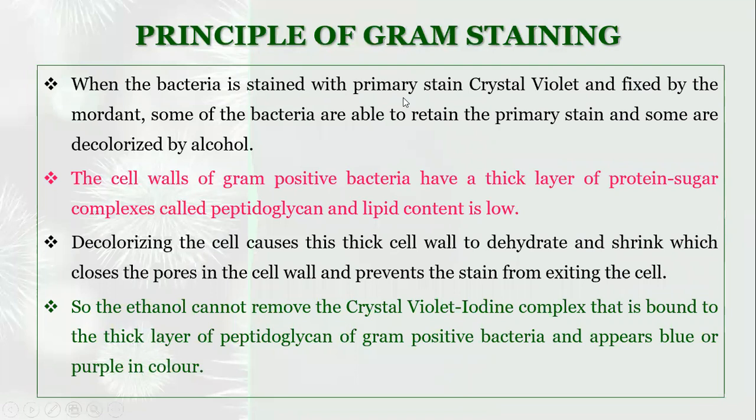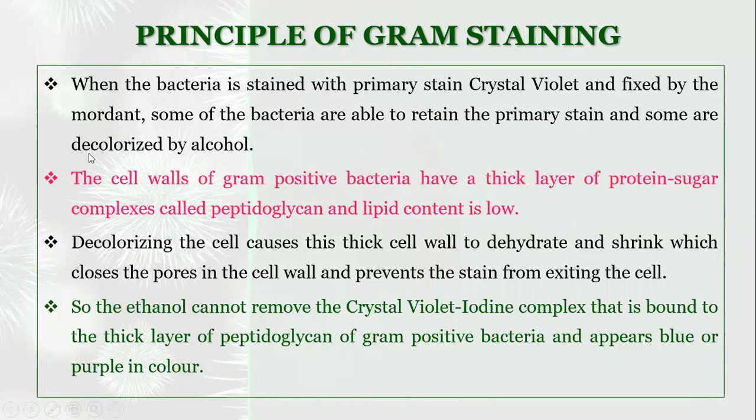Next one, Gram staining. Gram staining is a differential staining to differentiate gram positive and gram negative bacteria. In Gram staining, first prepare the smear and heat fix or methanol fix it, then stain with crystal violet dye.